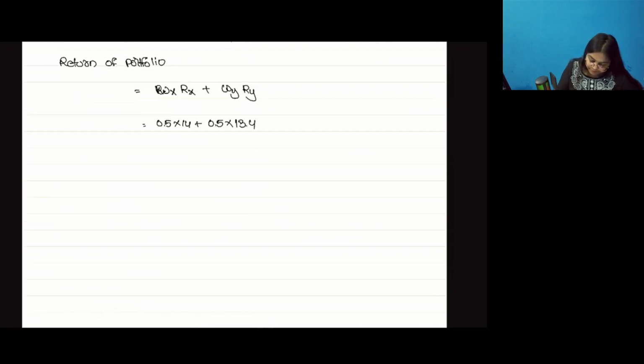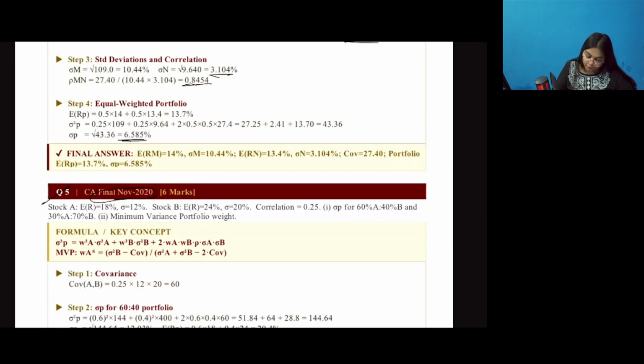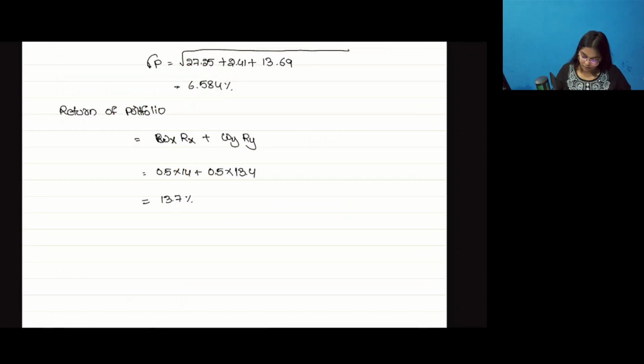So 0.5 into 14 is 7, plus 6.7, that gives 13.7%. So return of portfolio will be 13.7% and risk of portfolio will be 6.584%.